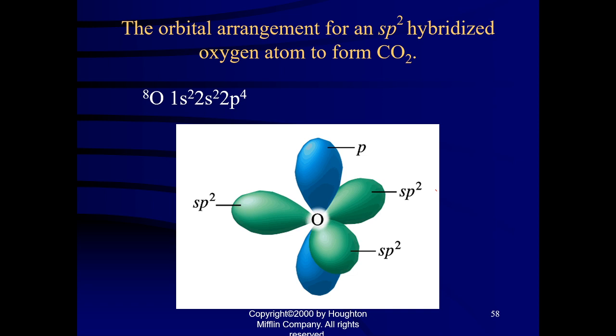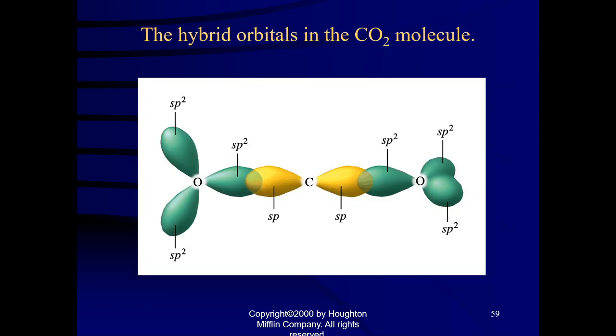Then when you look at the geometry in oxygen, in carbon dioxide, this is how it will be. So oxygen, the hybridization that it will undergo is sp2, and you have head to head, then sigma, sigma. So this is what you get in terms of carbon dioxide.